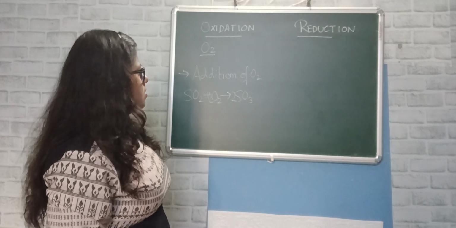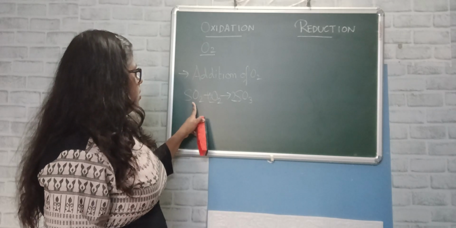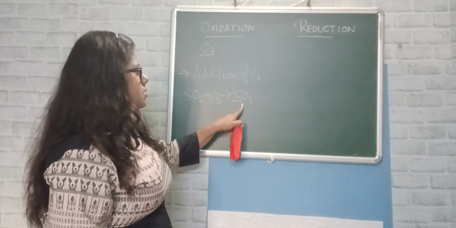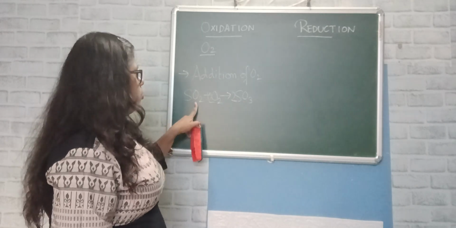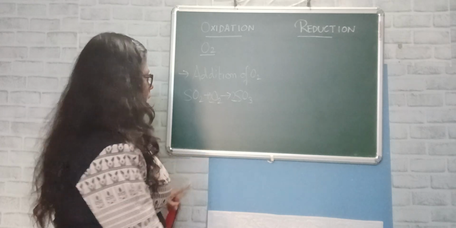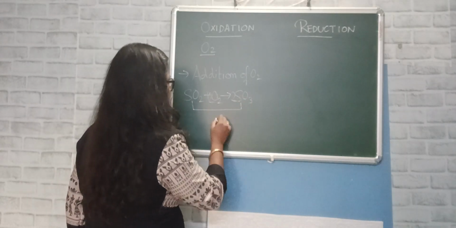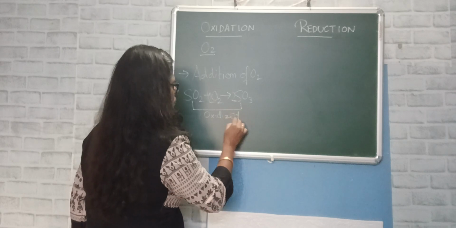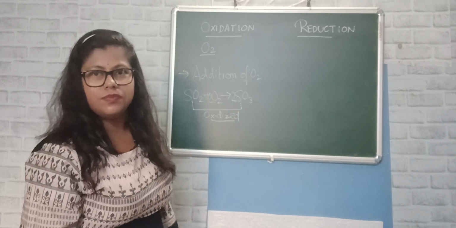Now it is balanced as well. So earlier it was sulfur dioxide. After oxidation, it is sulfur trioxide, means from 2 to 3 there is one addition of oxygen. That means this one is getting oxidized. Fine, understood?